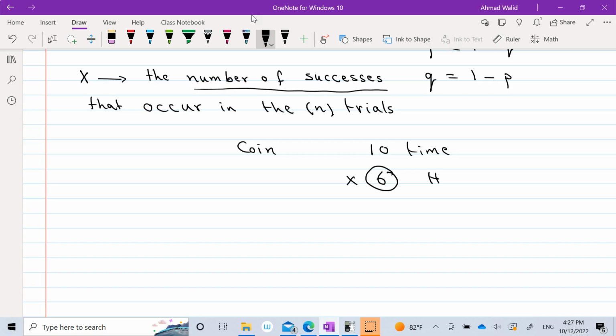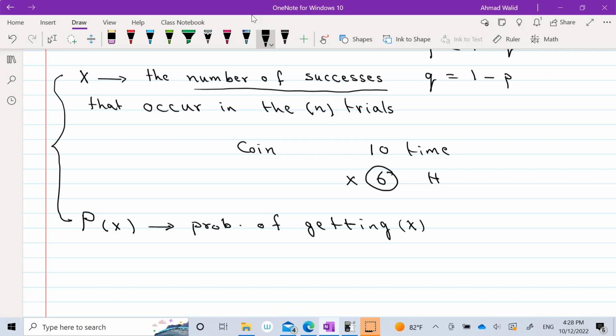Last one that I put this notation for you, uppercase P, P of x. This one is the probability of getting x. Usually students are confused between x, P of x, and lowercase p.